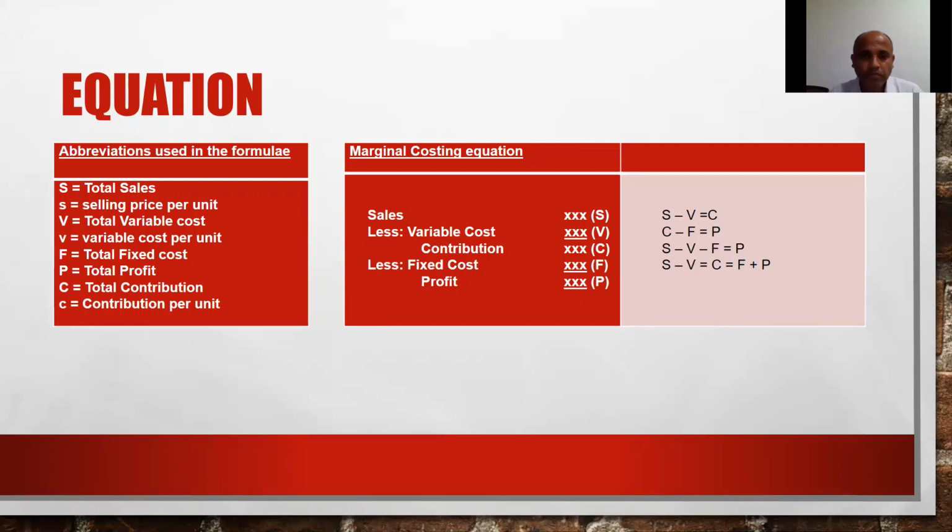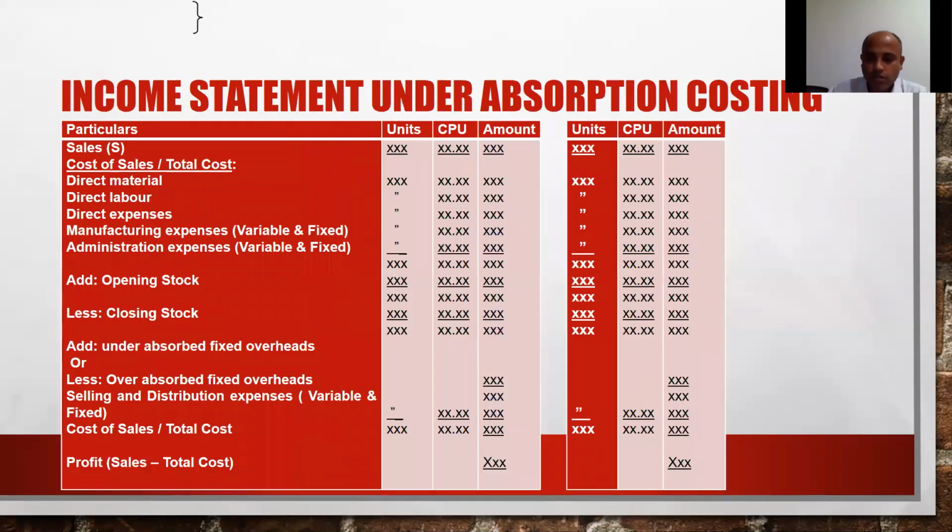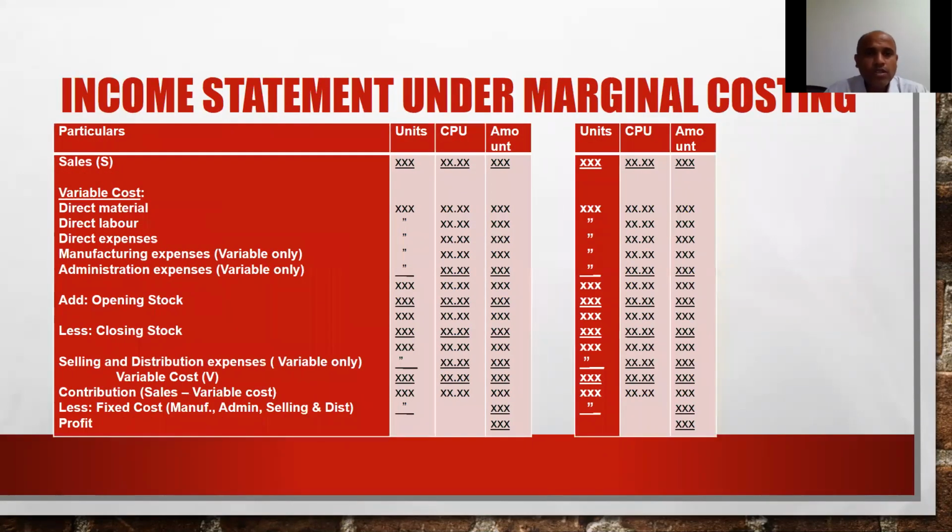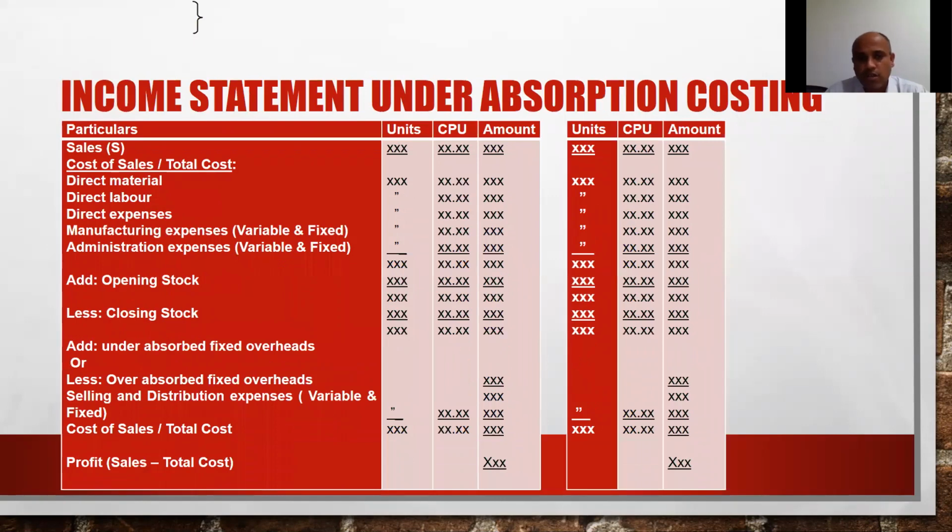All of you? Then, the next thing we have is the income statement under absorption costing and marginal costing. Guys, you have studied cost sheet in your cost accounting. Hope you remember the cost sheet. The cost sheet starts with what?